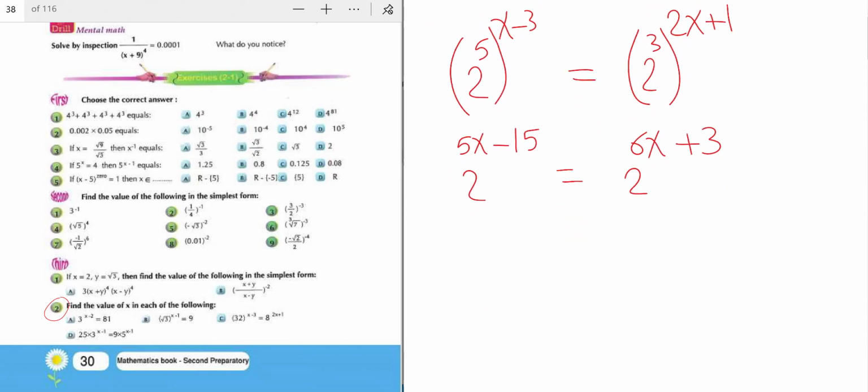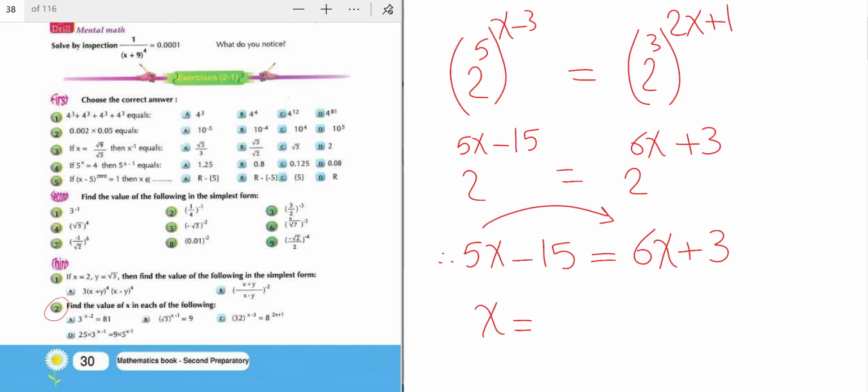Base equals base, so power equals power. 5x minus 15 equals 6x plus 3. So 6x minus 5x equals x, 3 minus negative 15 gives negative 15 minus 3 equals negative 18. So the value of x becomes negative 18.